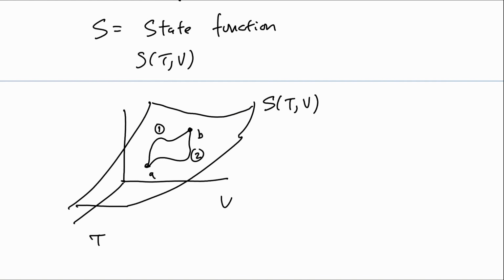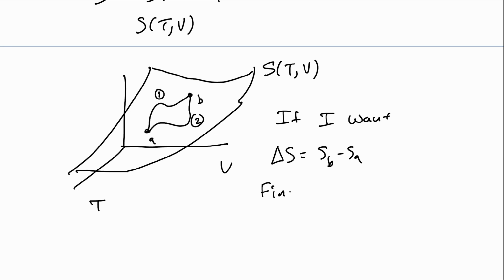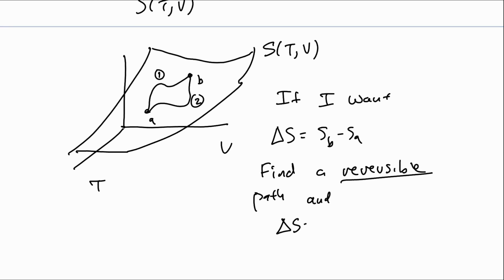And if I want delta S, which is S_B minus S_A, find a reversible path and integrate, and then we'll have delta S equals the integral from A to B of dq reversible over T. Okay, and we've sort of done that.